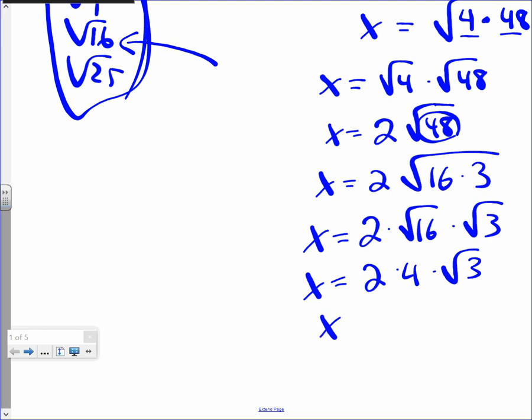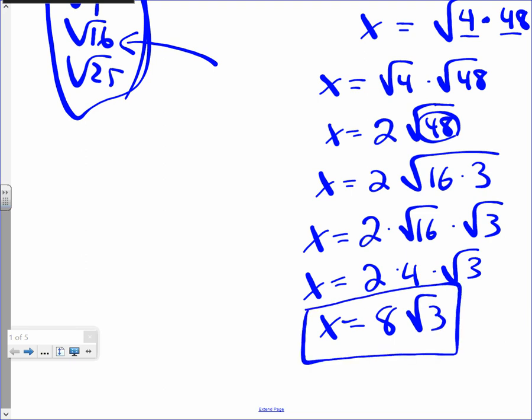So my final answer now is, normal number times normal number, 2 times 4, and that's going to be 8 times the square root of 3. Here's what x is. So if I don't want an approximate answer, I want a simplified square root answer. That's the moral of the story right now.